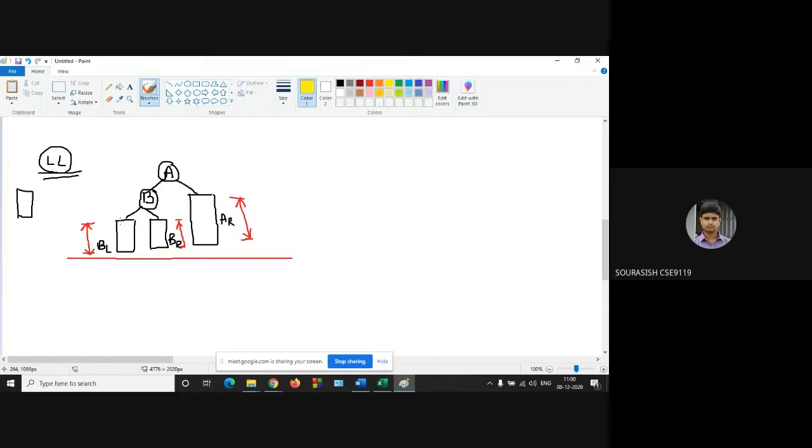Because the balance factor of BL is 0, the balance factor of BR is 0, and the balance factor of AR is 0. So how to calculate the balance factor of B? Sir, height of left minus height of right. So what will be the value? 0 again. Okay. Clear? Yes, sir.